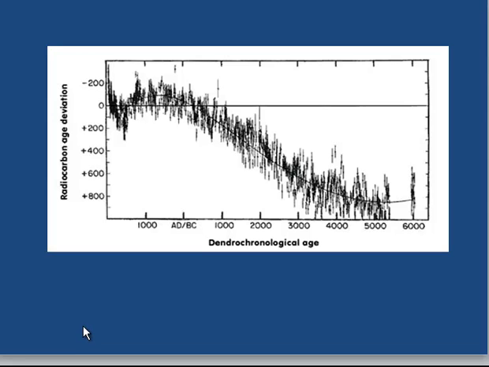It turns out that radiocarbon years are not identical to calendar years, so they have to be calibrated. This is a scale in AD BC terms, back to 6000 BC. If this line here would correspond to the same date, 1000 years, 1000 BC, this is 1000 BC.